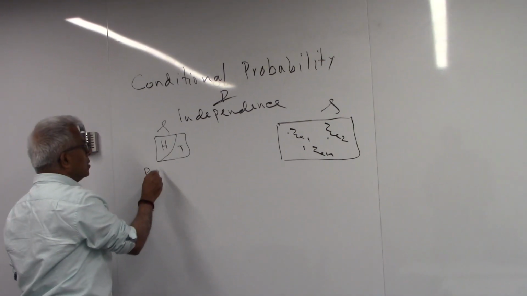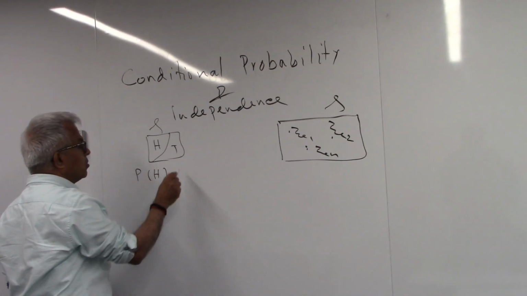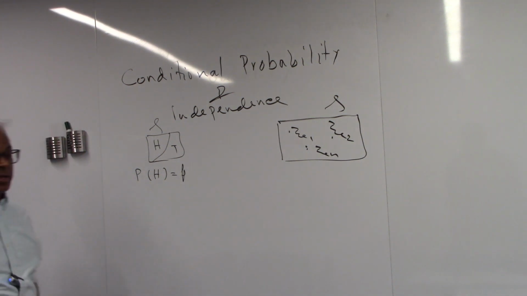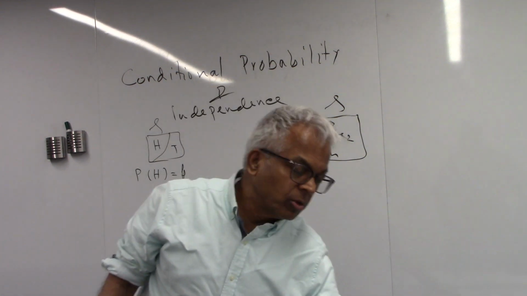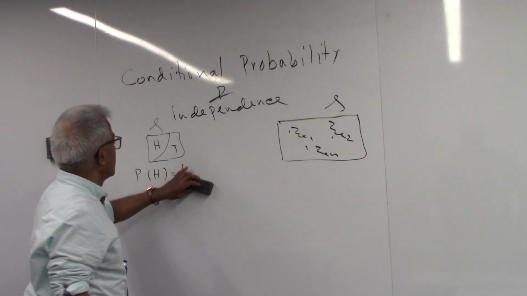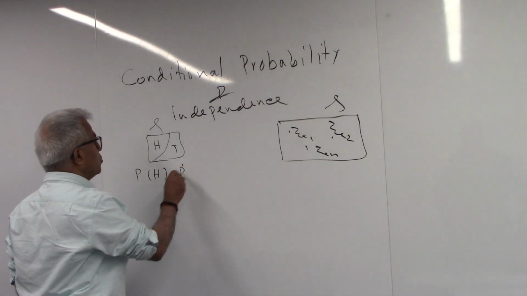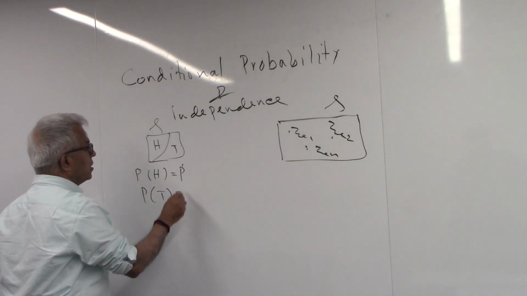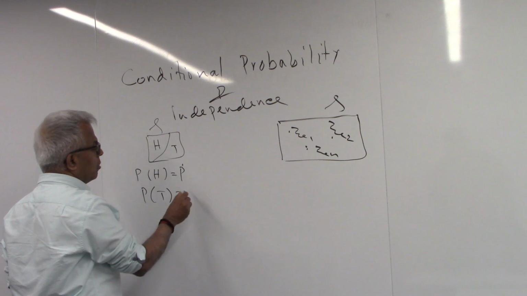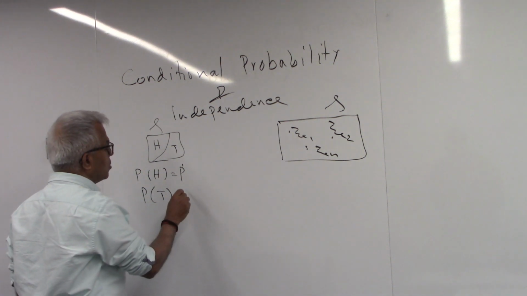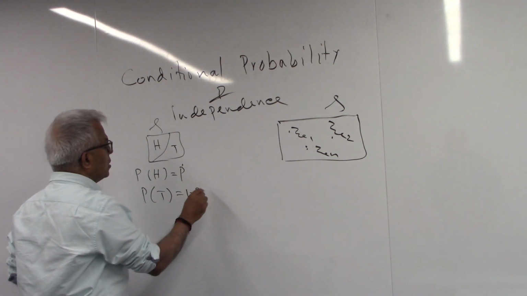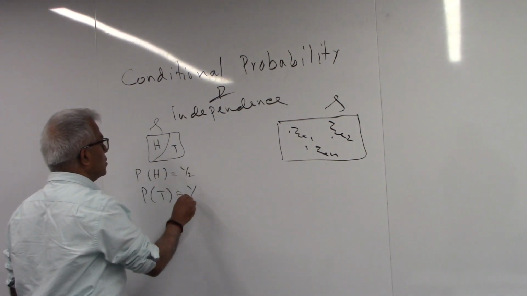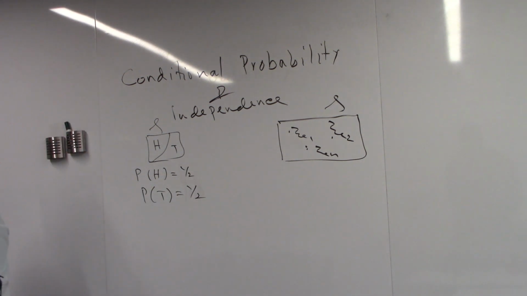And we know, through experimentation or otherwise, that the probability of obtaining a head, if the coin is fair, is half. Otherwise, we would denote it as P. And the probability of getting a tail is the remainder, which is 1 minus P, equal to Q. So in case the coin is fair, both are half, etc.